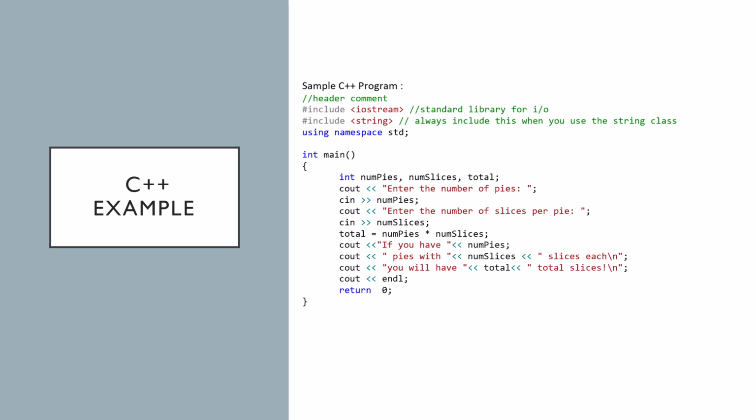We've already been through this in the last video. This is just an example to remind you that all C++ programs must have a main function. It is a block of code. Blocks of code are very important in C++. They have an opening curly brace and a closing curly brace, and everything inside a block of code should be indented.